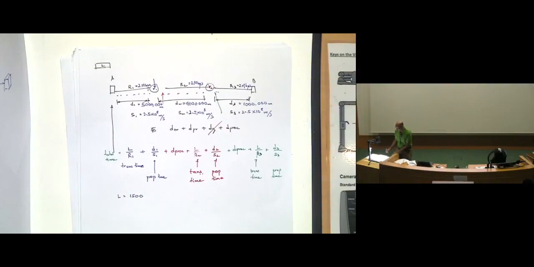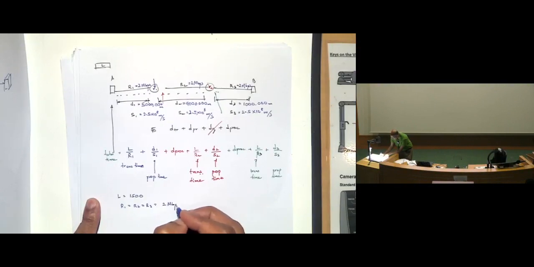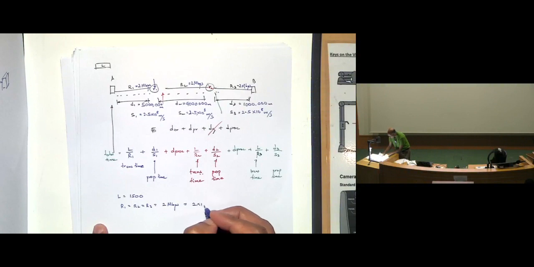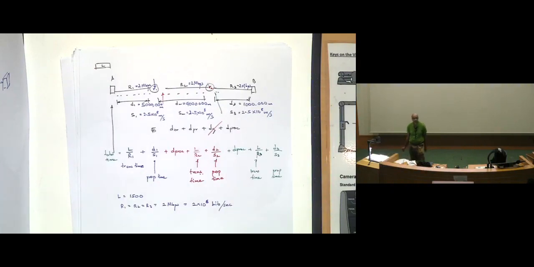The only thing I would like to highlight here is, so let's say R1 equals R2 equals R3 is 2 Mbps, right? So this basically says 2 into 10 to the 6 bits per sec.